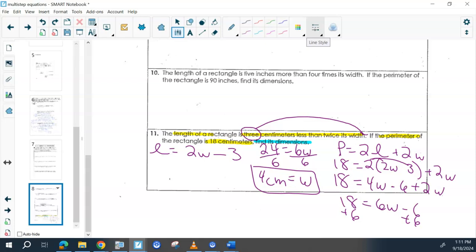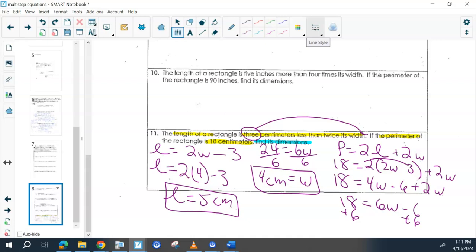Put that 4 in for w and find what the length is, which is 5. 5 what? And if you wanted to draw a rectangle and put your length of 5 and 5 and your width of 4 and 4, you get 9 and 9, which is 18. Or you can put them back into the perimeter equation and get the same thing.